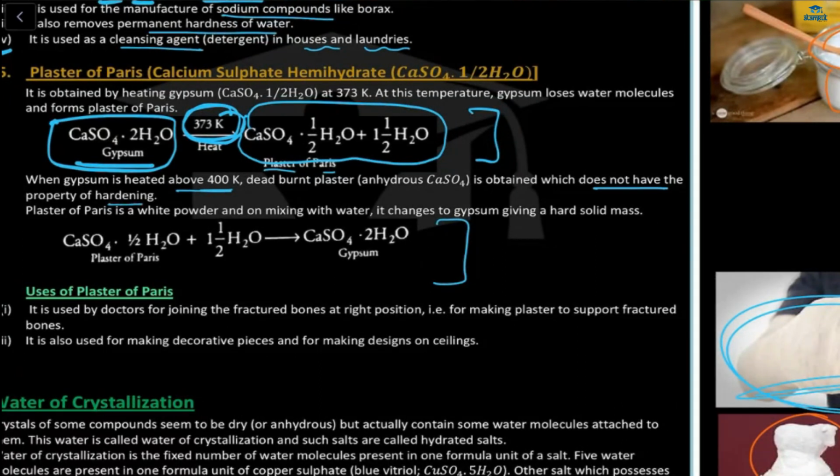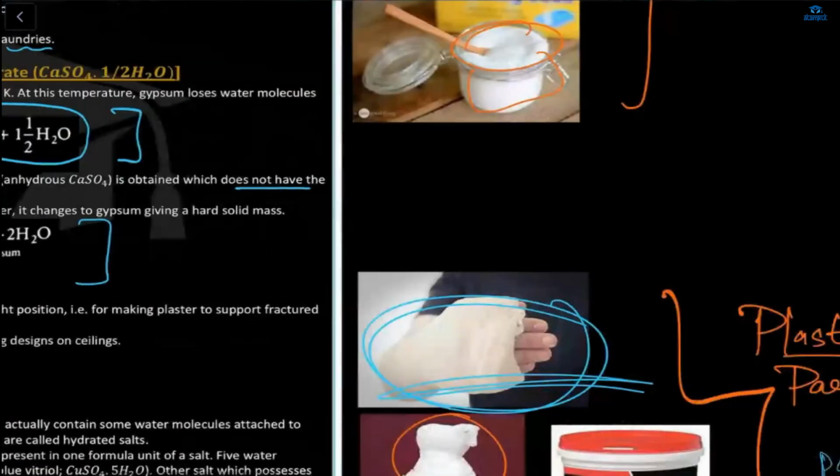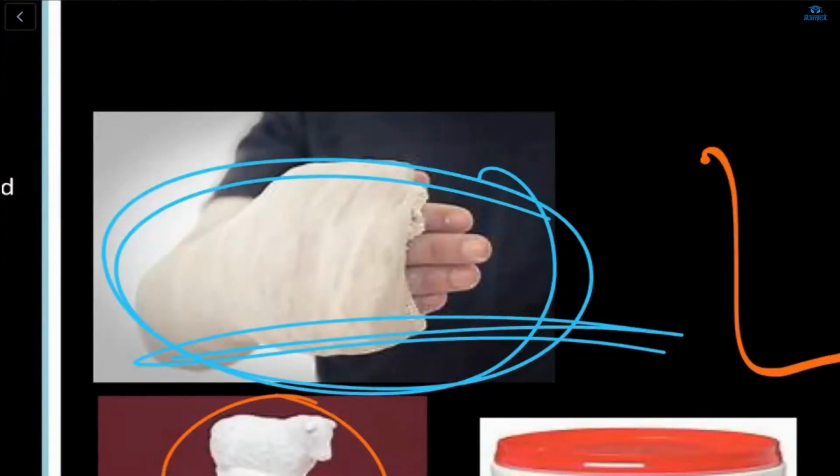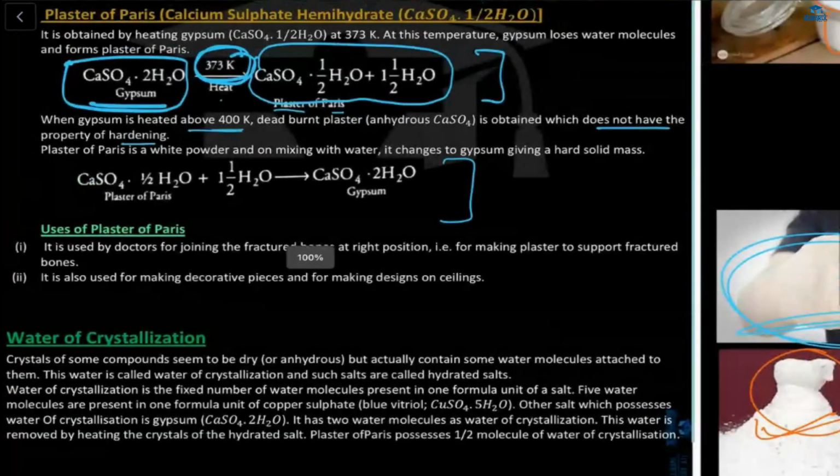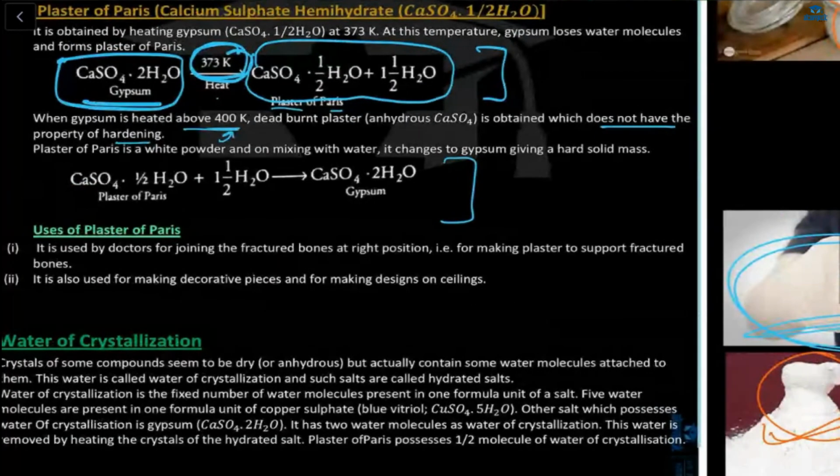If anyone gets a fracture in the hand, we apply something hard so that the hard property will fix our bone. So if we heat above 400 Kelvin, it won't have the property of hardening. So we have to heat it below 400 Kelvin.